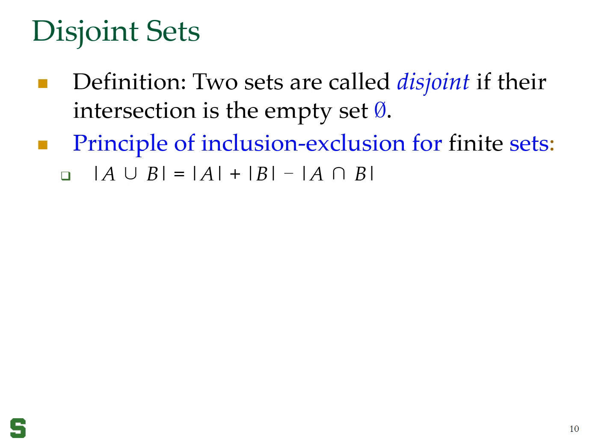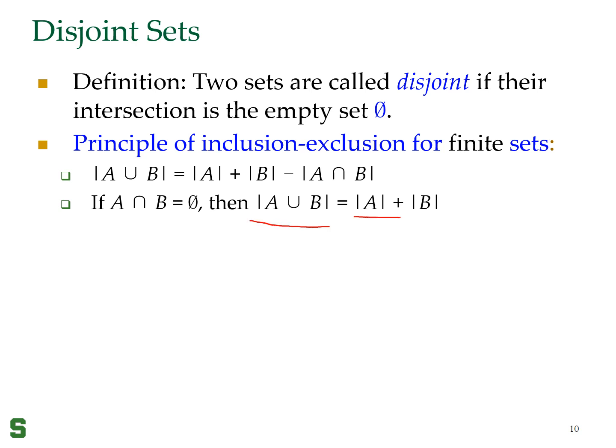If I have two sets A and B, I can get the cardinality of A union B by adding the cardinality of A and B. However, when I do that, I count the common element twice, so I'll have to subtract the elements in the common part, which is A intersection B. If two sets are disjoint, the cardinality of the intersection is 0. That means the cardinality of the union would be the cardinality of A plus the cardinality of B.